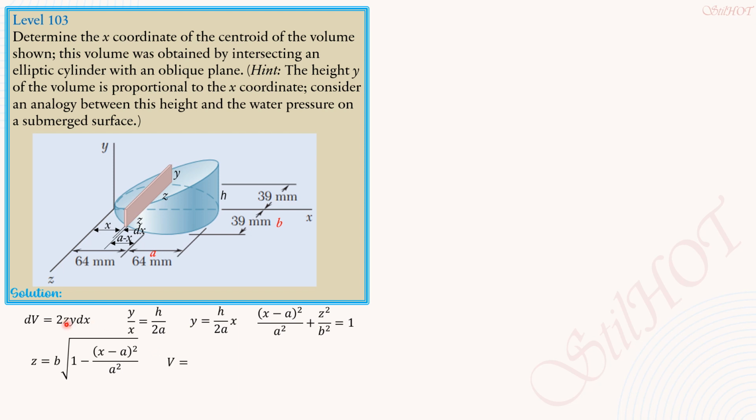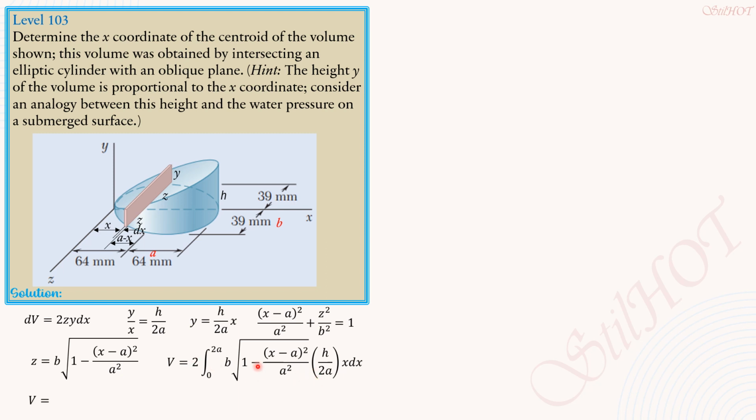Substitute into this equation. Volume equals 2 integral of z, which is b square root of 1 minus quantity (x minus a) squared over a squared, times y, which is h over 2a times x, then dx. Cancel out 2.